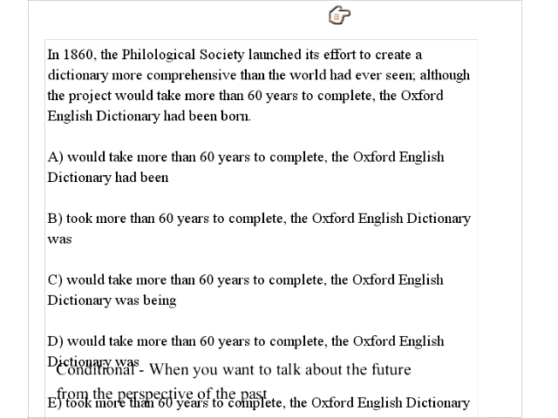So where are some other verbs that we can use for context? What do we have? Launched, yeah, that's all we've got, right? I will attempt to highlight here. Hopefully that's showing up for everyone on the word launched. The Philological Society launched its effort to create this dictionary, semicolon.